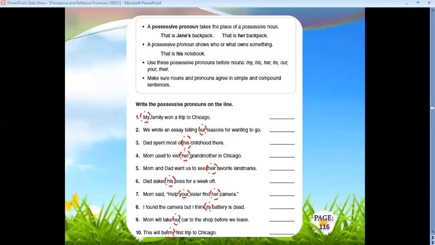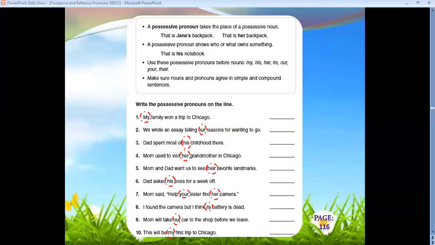The first 4. My family won a trip to Chicago. My, and what do I have after my? I have family. Family is a noun. So my is a possessive adjective. Let's move to the second one. Our reasons. Reasons is a noun. So I'm using a noun after this. So our is a possessive adjective.